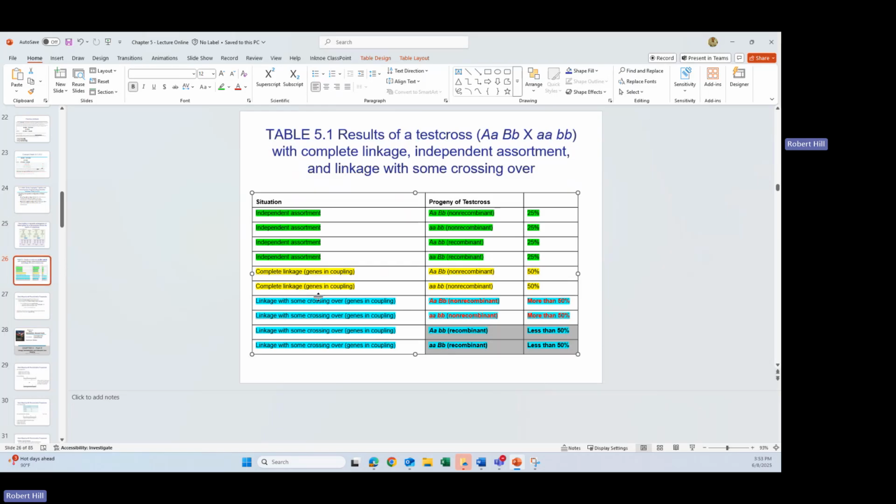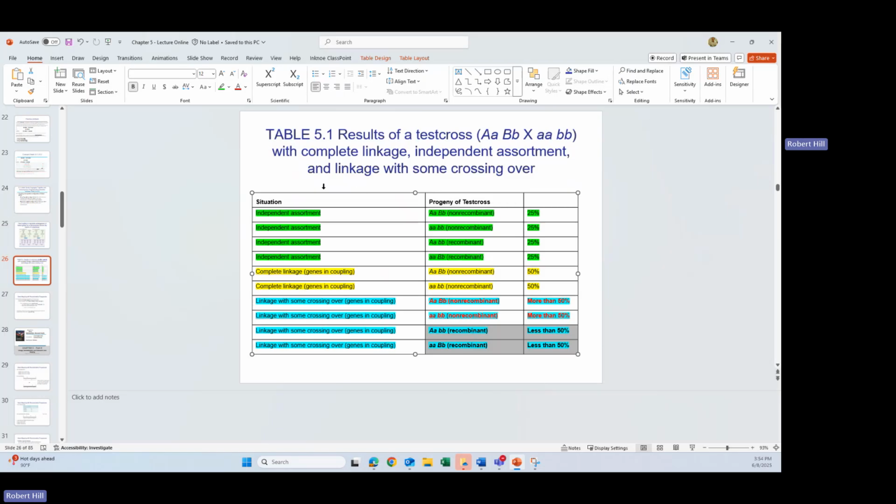Again, this is not something you memorize. After fully understanding this, you don't need this table because you know it. You know these ratios, you know what these three different groups mean, you know what recombinants are, you know how to calculate recombination frequency, you know the difference between cis and trans, you know that we're dealing with test crosses here.